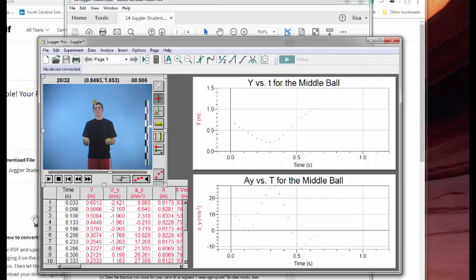When the hand is touching the ball, the acceleration will not be negative 9.8, and it won't be a constant acceleration either, because the force is varying on the ball. It's not a constant force that's being applied to it. And I'm just going to keep adding points until I get to the 32nd frame.